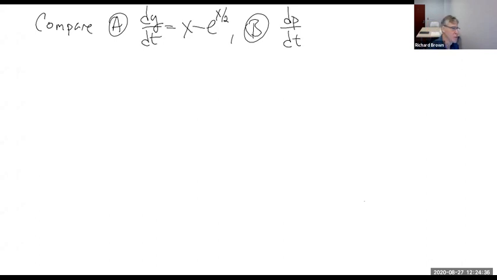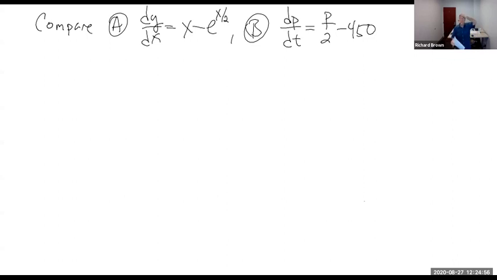This one is dp dt equals p over 2 minus 450. These were the two differential equations that we compared. They're both first order, they're both linear. One on the right-hand side didn't involve the dependent variable at all. The other one did not involve the independent variable, so they had some pretty marked differences.